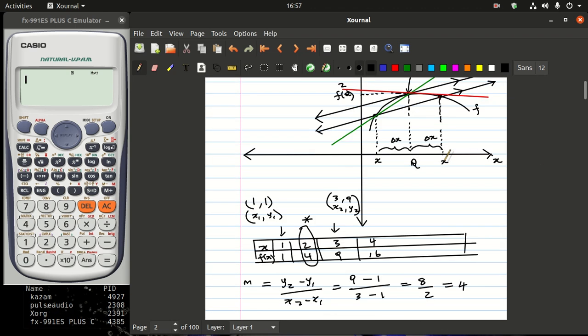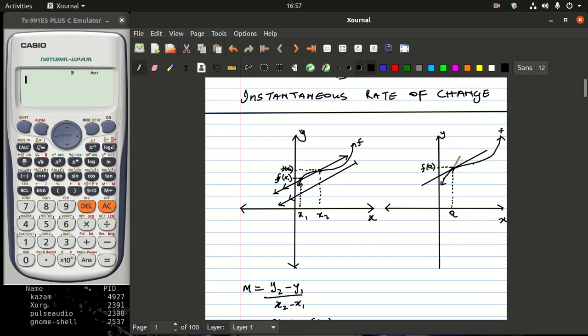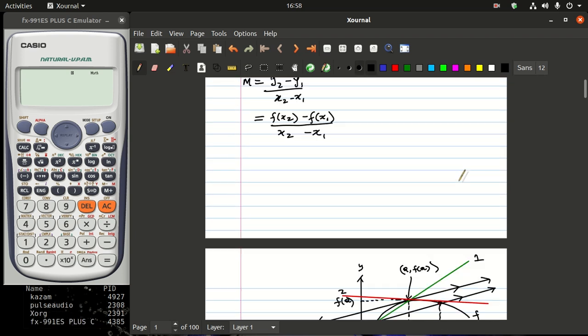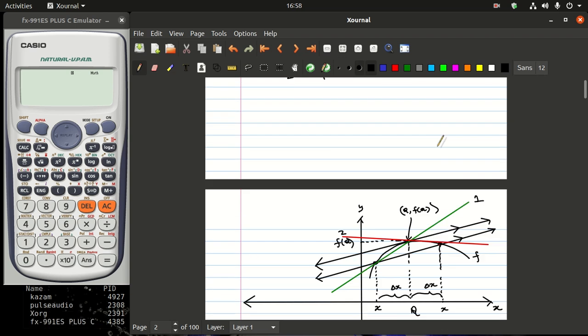So basically, how do we end up finding the slope of the tangent line touching only at that point? We find it in two ways. The first one is find 2 points that are at the same distance away from A, take a line that is going to pass through those 2 points, and then find the slope of that line, and then you would be able to get the slope of the line that will be parallel to that.